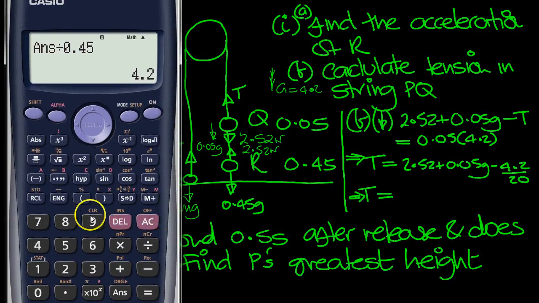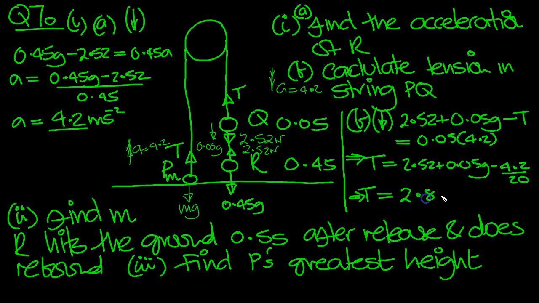We've got 2.52 plus 0.05 times g minus 4.2 times the 0.05, in other words divided by 20, equals 2.8 newtons. So there's the tension in the rope from P to Q.